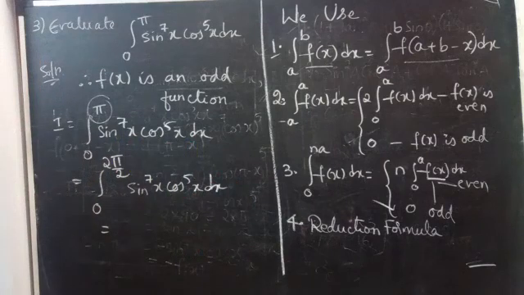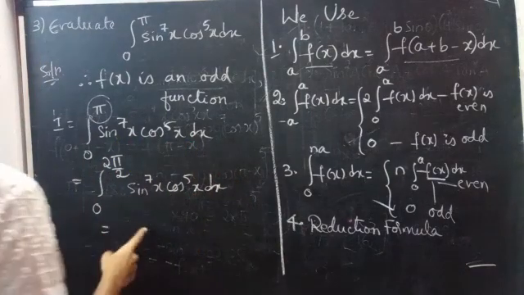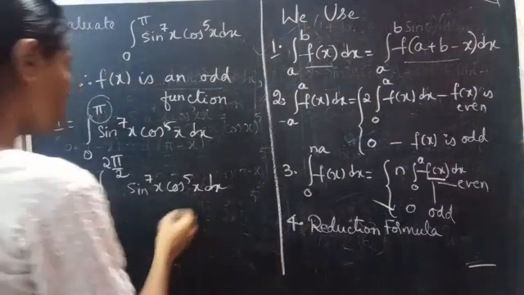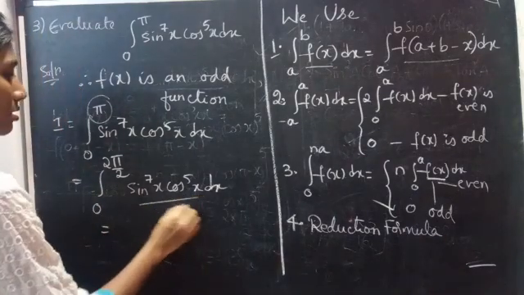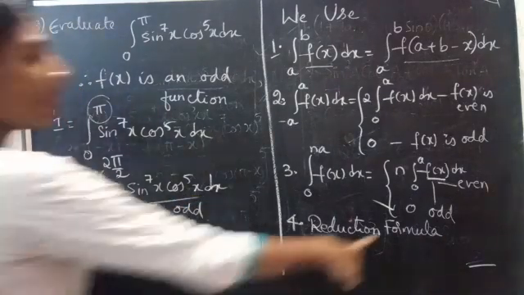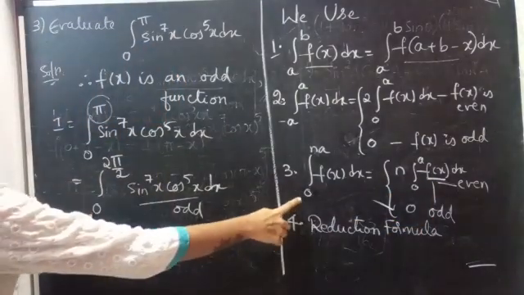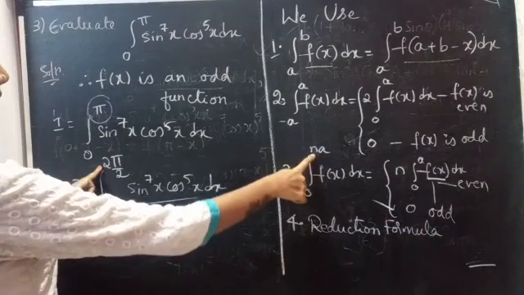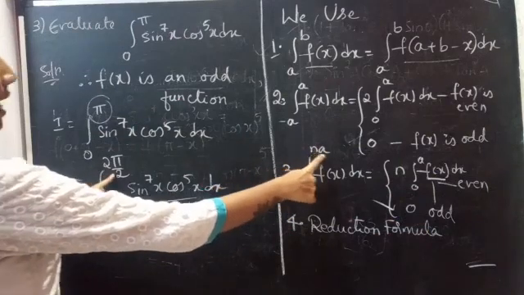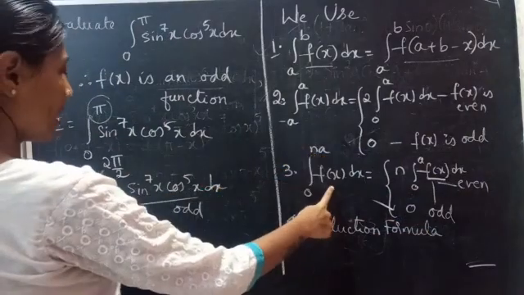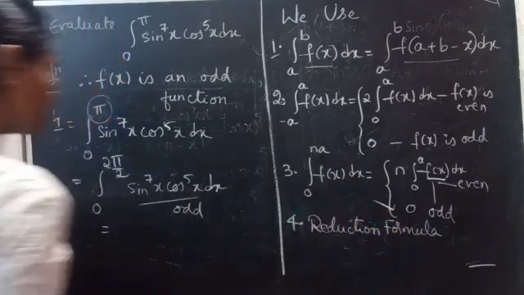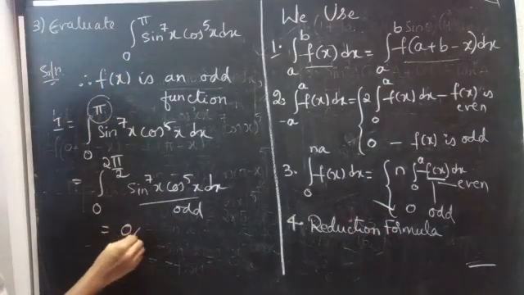Since f of x is odd, the integral from 0 to na, with 2 in the place of n and pi by 2 in the place of a, of f of x dx will be equal to 0.